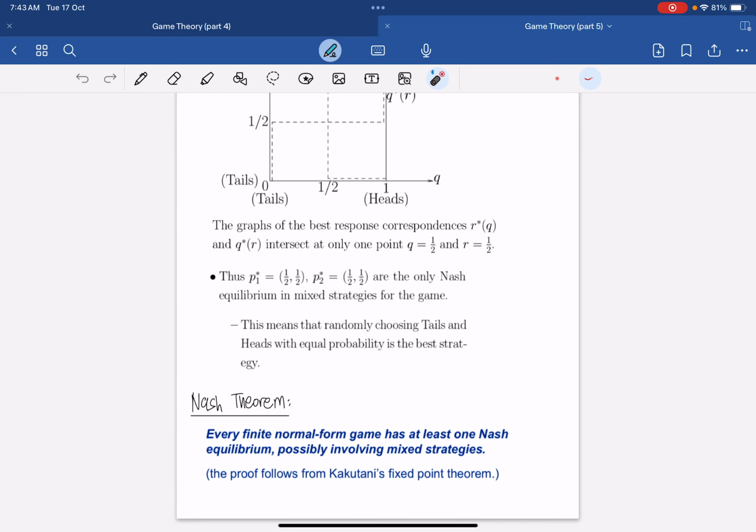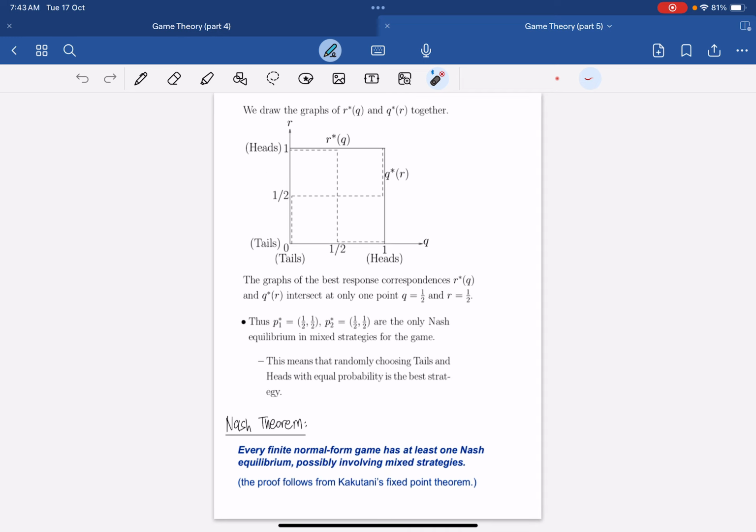And the Nash equilibrium theorem, the Nash theorem, says that every finite normal form game has at least one Nash equilibrium, possibly involving mixed strategy. And the proof follows from the fixed point theorem, which we will not go into.